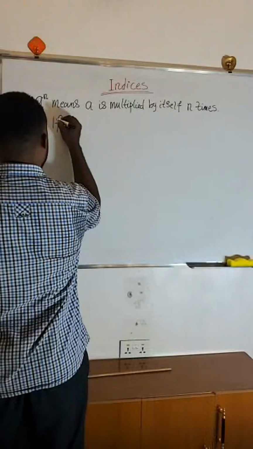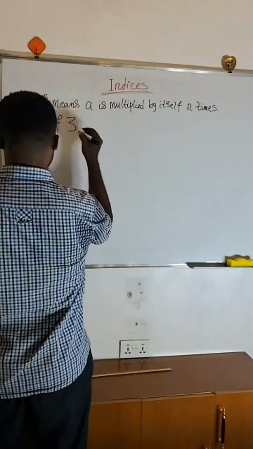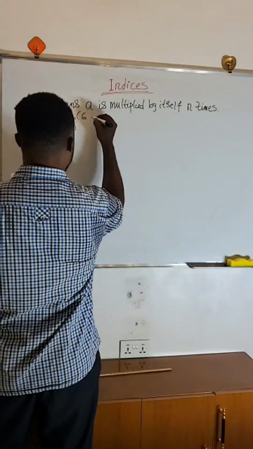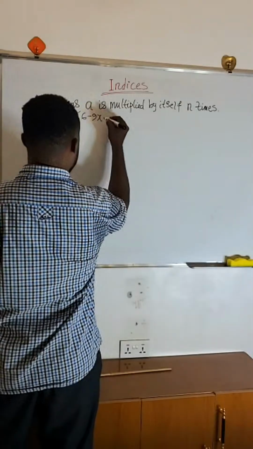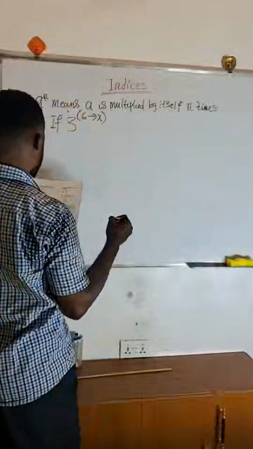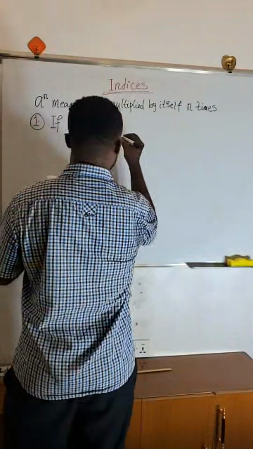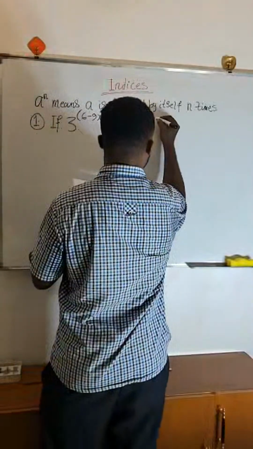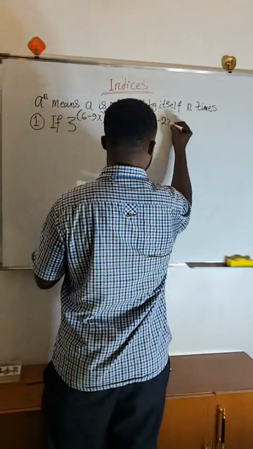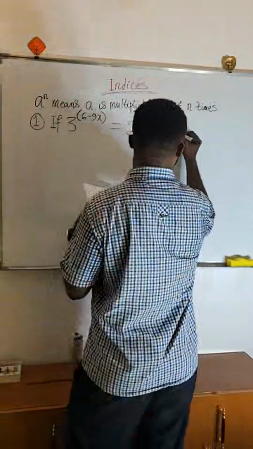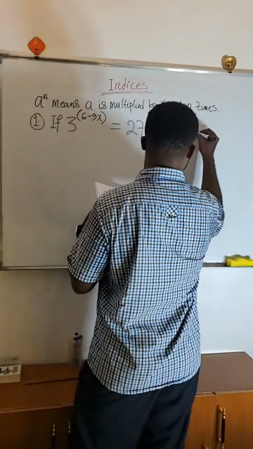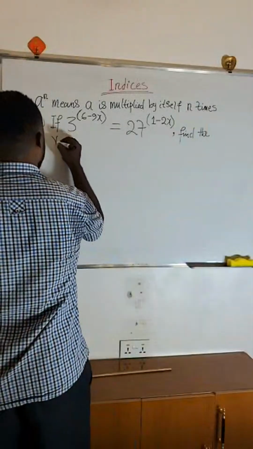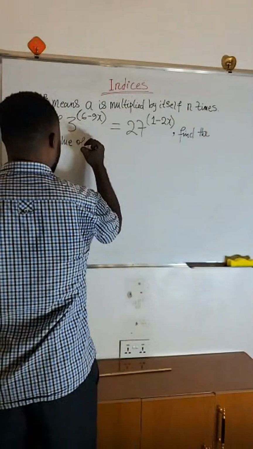The question is: if 3 raised to the power of (6 minus 9x) equals 27 raised to the power of (1 minus 2x), find the value of x.